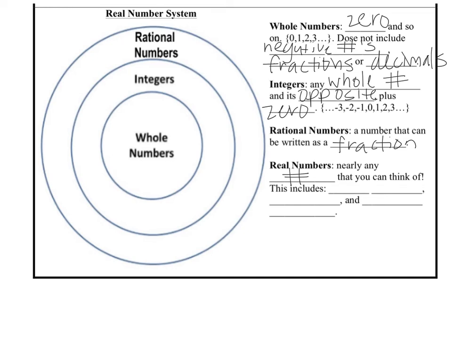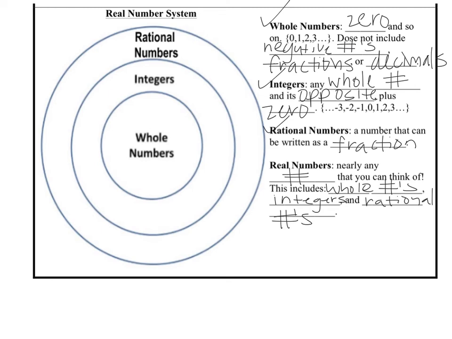So this is going to include whole numbers, integers, and rational numbers. Okay, so all these new vocabulary words, whole numbers, integers, rational numbers, those are all going to be real numbers.